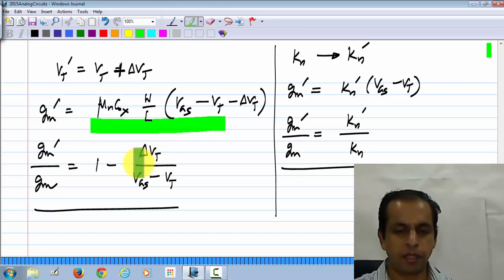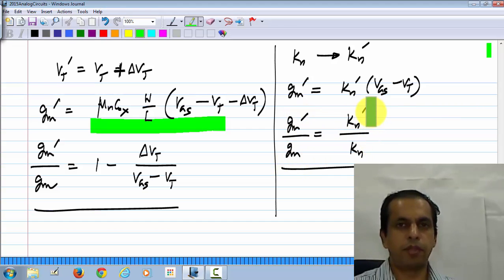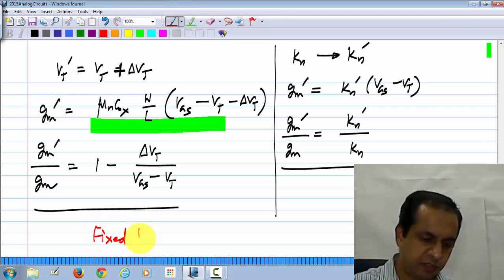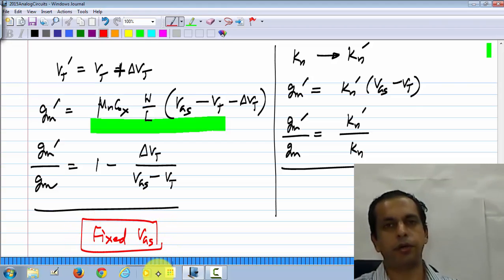And here the ratio of change GM to the original GM is simply the ratio of current factors. Okay, this is the scenario for a fixed VGS.